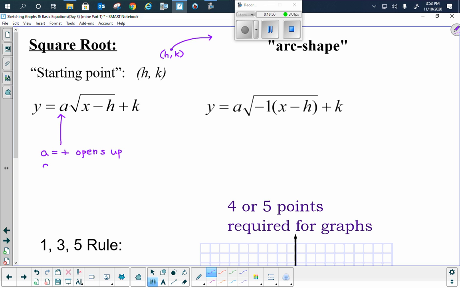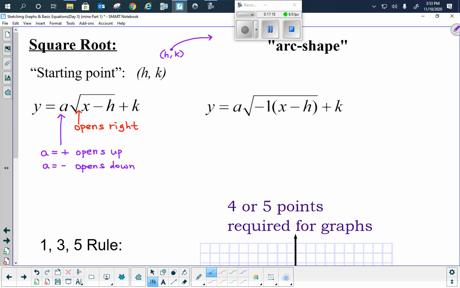If a is negative, it opens down. This part then, this part being a positive in front of the x, tells you that the function opens to the right.